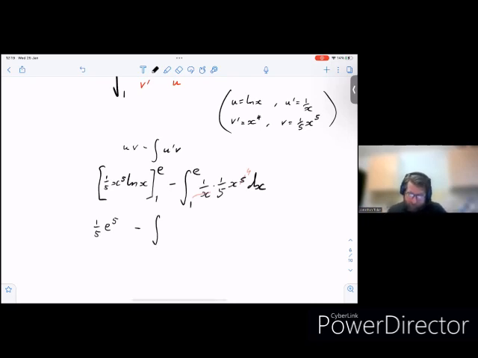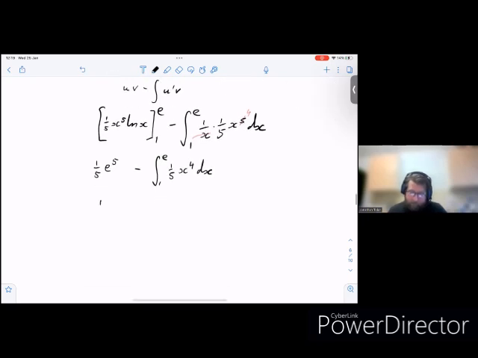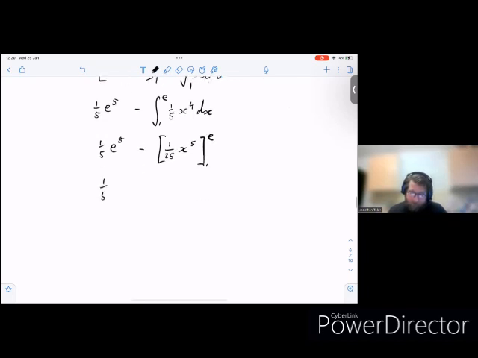So this will be subtracting the integral from 1 to e of a fifth x to the 4 dx. So this becomes a fifth e to the 5 minus 1 over 25, sorry, not e, x to the 5 between 1 and e. And we get a fifth e to the 5 minus 1 over 25 e to the 5, take away 1 over 25 times 1 to the 5.